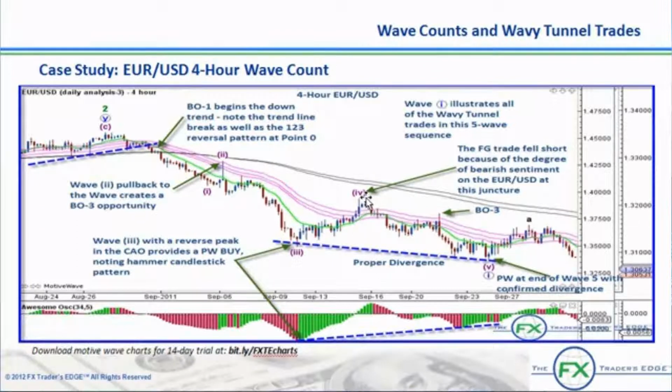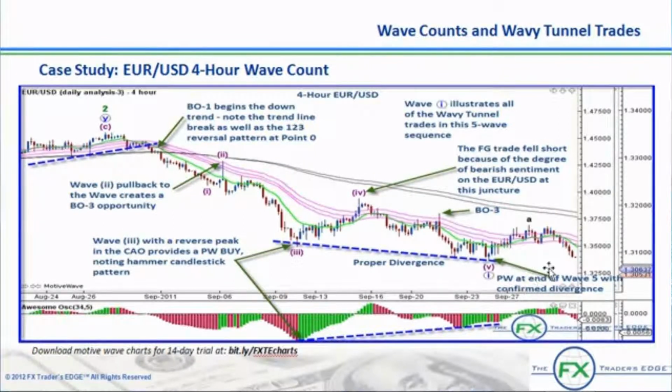The next breakout 3 trade noted is the subwave 2 of subwave 5 of blue circled 1. So that would be right up here. Finally, there is a beautiful PW trade at the conclusion of blue circled wave 1 with triple divergence in the awesome oscillator.